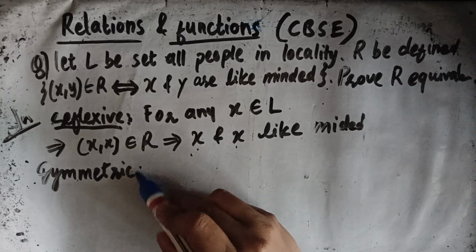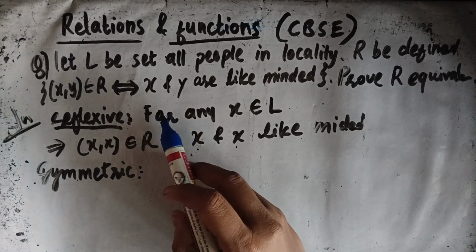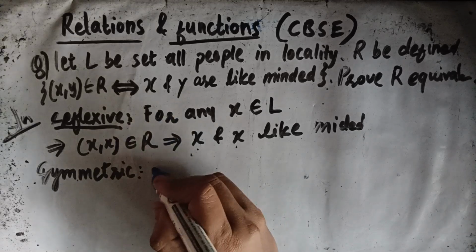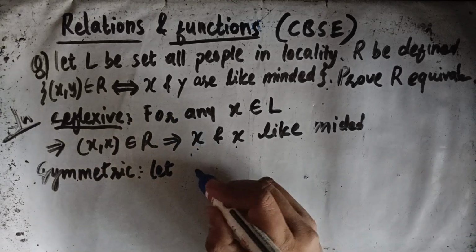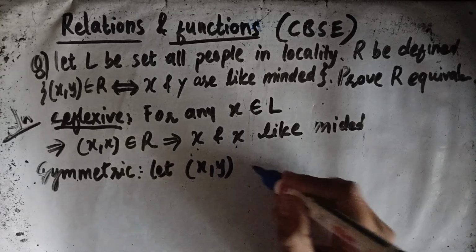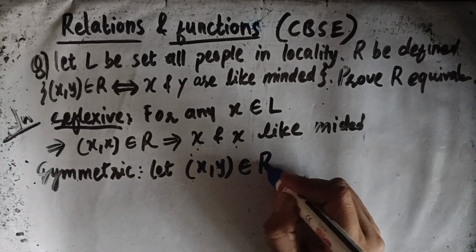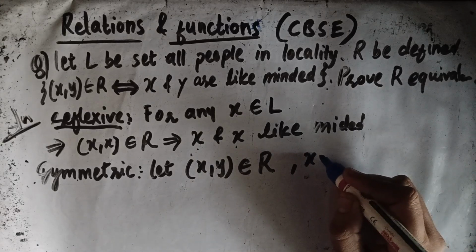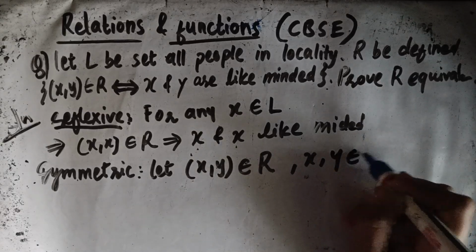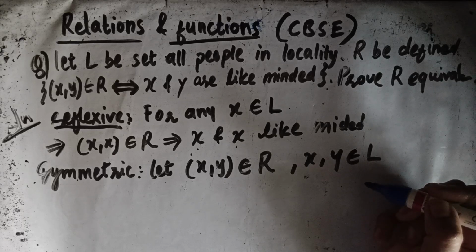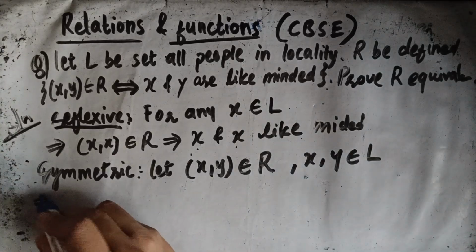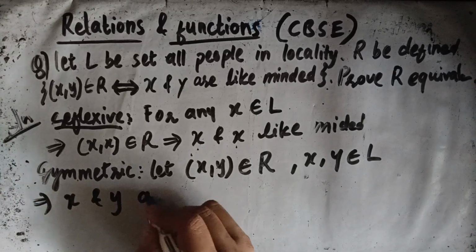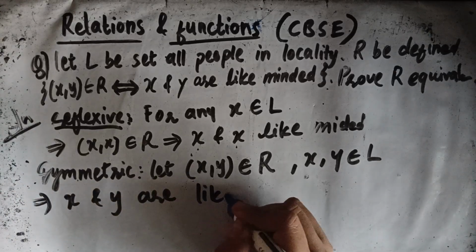Then for symmetric, I'm taking, let's say, (x, y) belongs to R, for x and y belonging to L. According to definition, x and y are like-minded.